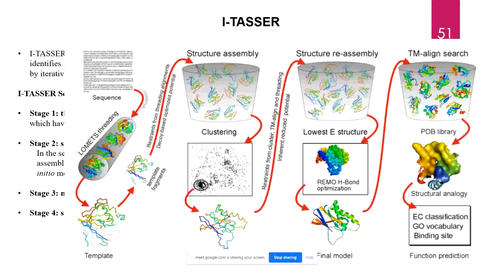Then comes stage 3. In this third stage, the fragment assembly simulation is again performed, starting from the selected cluster centroids. While the inherent I-TASSER potential remains unchanged in the second run, there are some external constraints pulled from the LOMETS threading alignment and the PDB structures.